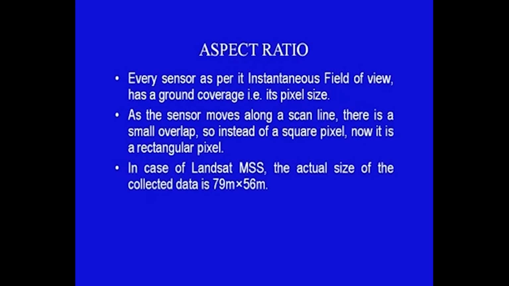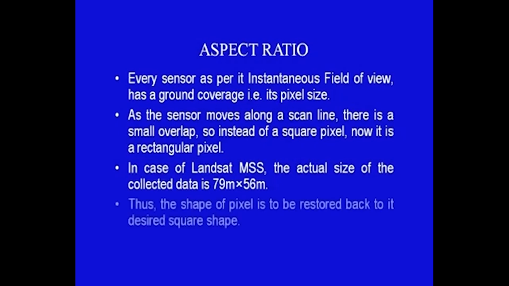In case of Landsat MSS, the actual size of the collected data is 79 meters by 56 meters against the design value of 79 meters by 79 meters. Thus, the shape of the pixel is to be restored back to its desired square shape.